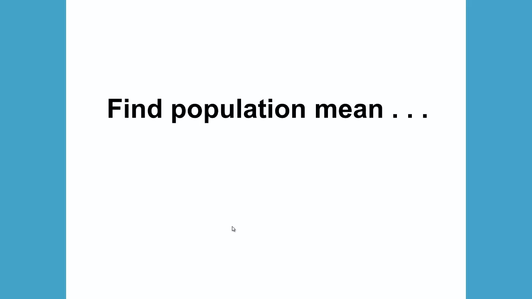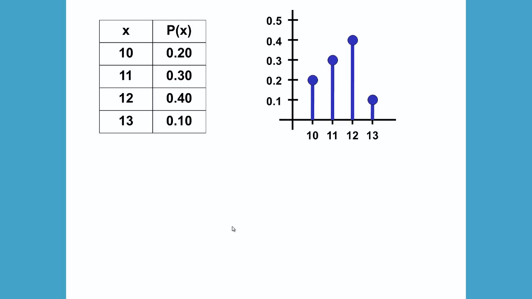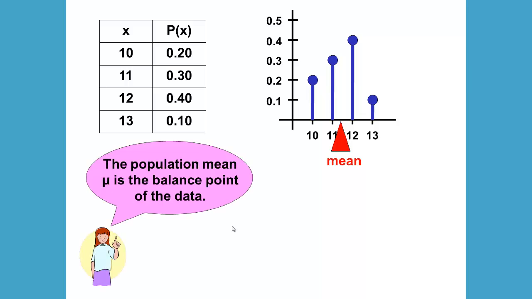Remember, our task is to find the population mean. We can visualize that this would be a point around here. Why? The population mean, or mu, is the balance point of the data, and we can see by looking that that's where it would balance.